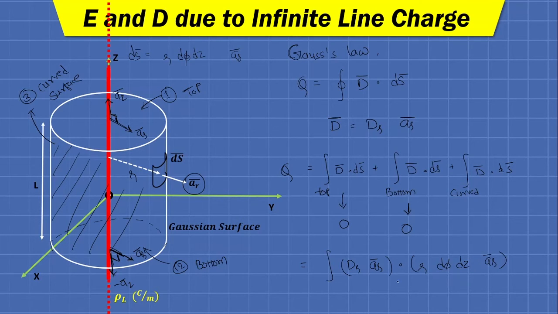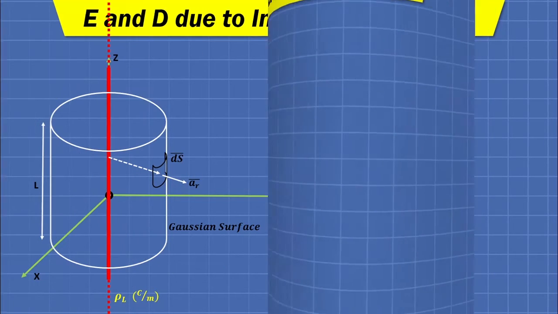Now AR bar dot AR bar will be 1. This curved surface integration will turn out to be a double integration, because we need to cover the span of area in 2 dimensions, one in the phi direction and the second in the z direction.